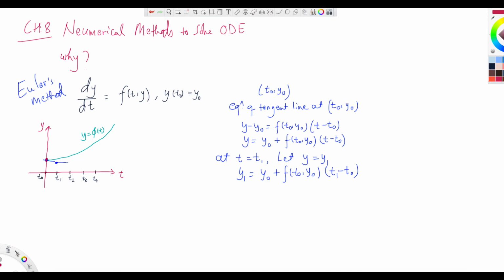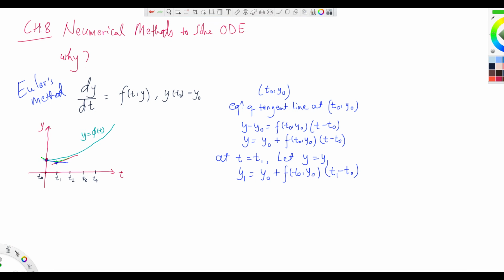To approximate the height at t2, we don't use the same tangent line. We will first find the tangent line right here at this point. This is the approximation of the tangent line, because your approximated curve will look like this, like that. Basically we do exactly the same steps.